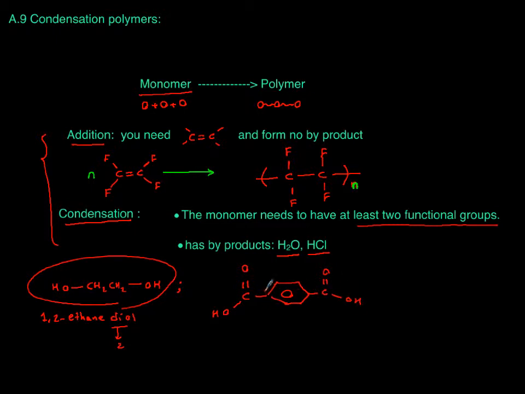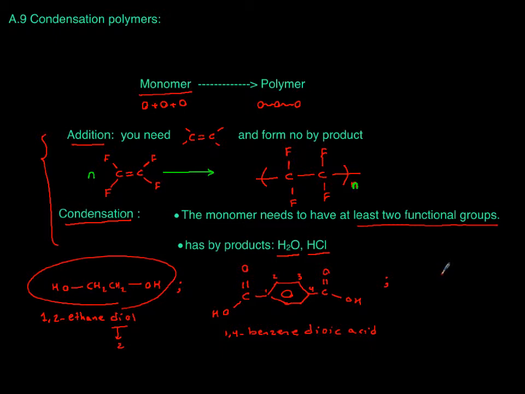And this is carbon 1, 2, 3, 4. So this is 1,4-benzene. Since you have two carboxylic groups, we call it dioic or dicarboxylic acid. So this is another example of a monomer that can be used for condensation. You could also have something that has different functional groups on both sides.